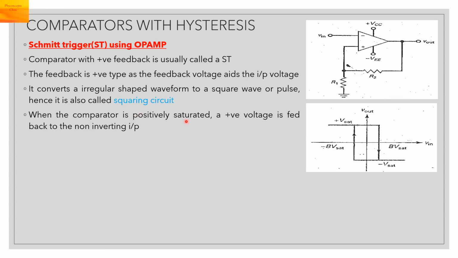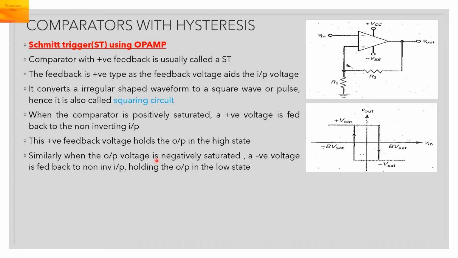When the comparator is positively saturated, a positive voltage is fed back to the non-inverting input. And so this positive feedback voltage holds the output in the high state. Similarly, when the output voltage is negatively saturated, a negative voltage will be fed back to the non-inverting input, holding the output in the low state.